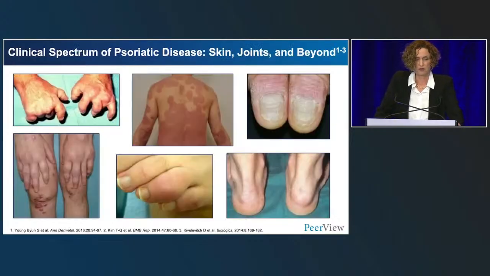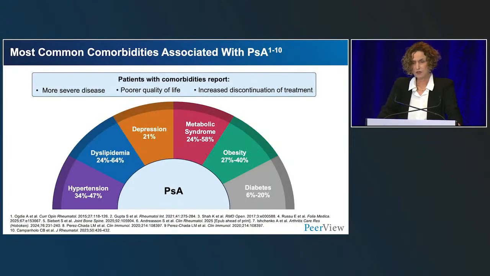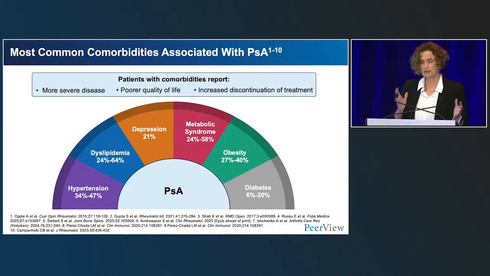And these are some lovely pictures of the different manifestations of psoriatic arthritis. The other aspect that makes the management of psoriatic arthritis more challenging is comorbidities. We know that many of the patients with psoriatic arthritis have comorbidities, and many times these are multimorbidities, so more than just one comorbid condition.